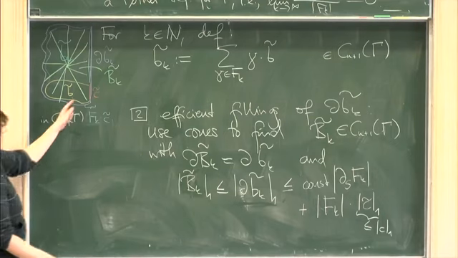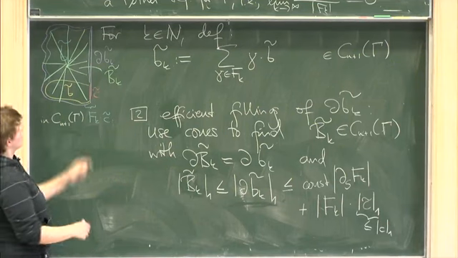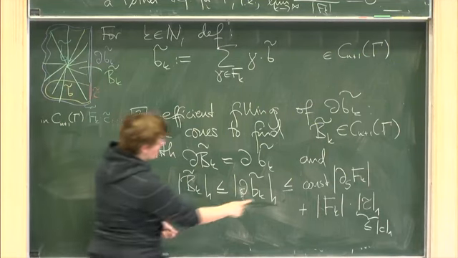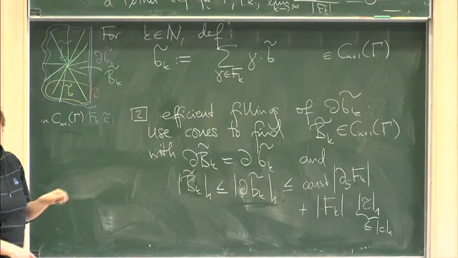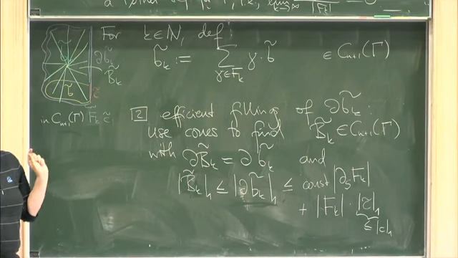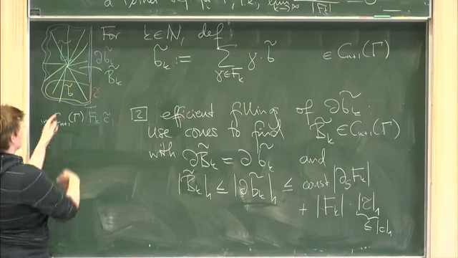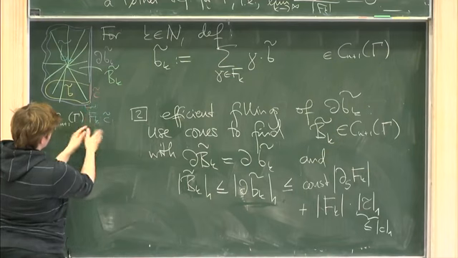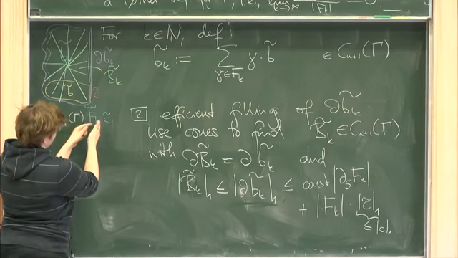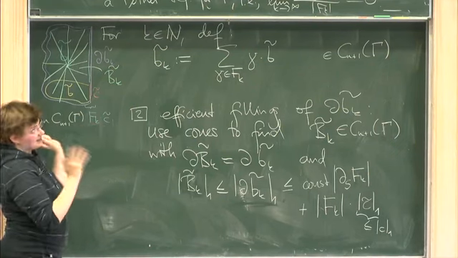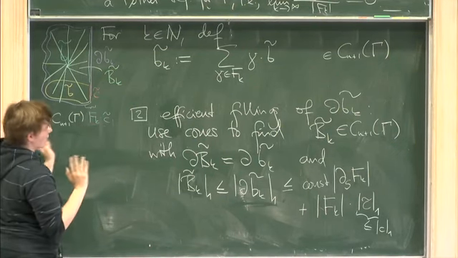Okay, so if you look at this picture, why is this true? Well, we know that in the quotient, if we divide out by all the gammas, then the boundary of B is C. So we know that if we would take all of the F_k in the limit, then the boundary would be 0.